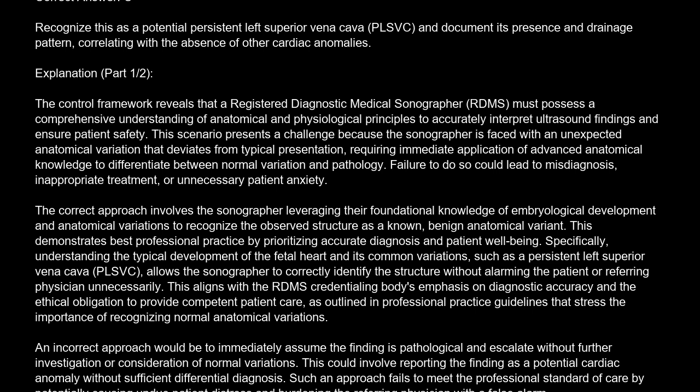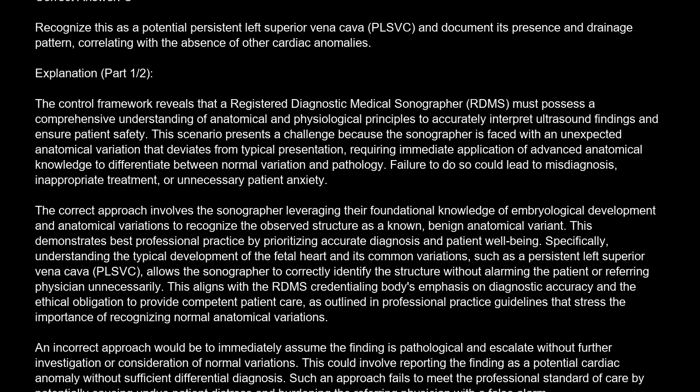The correct approach involves the sonographer leveraging their foundational knowledge of embryological development and anatomical variations to recognize the observed structure as a known, benign anatomical variant. This demonstrates best professional practice by prioritizing accurate diagnosis and patient well-being.